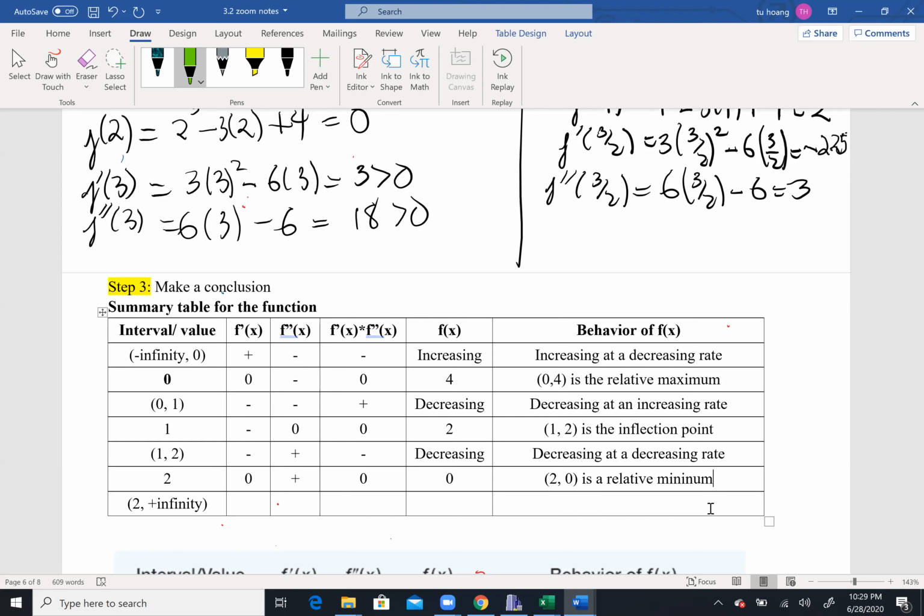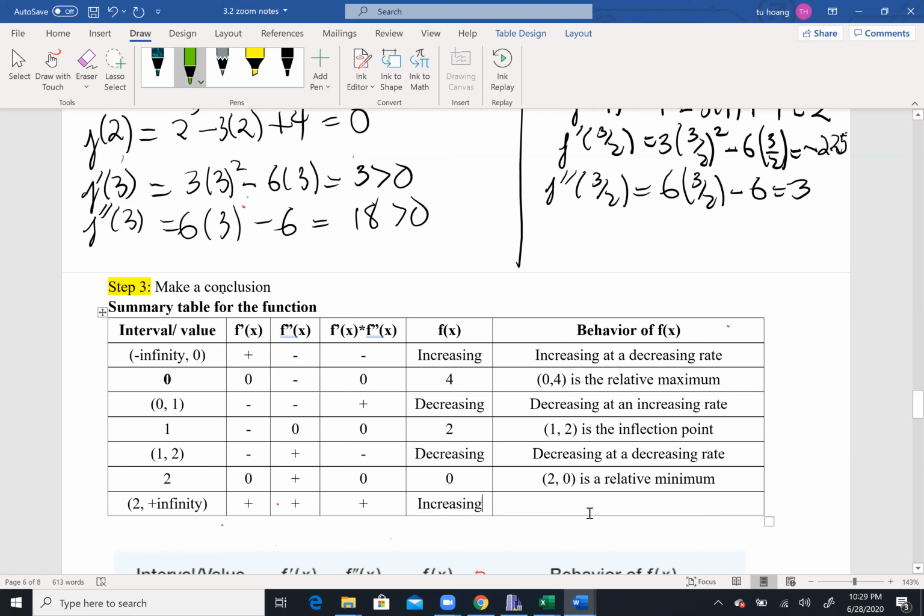And lastly, from 2 to positive infinity, you will have f(x) positive, and f second derivative of x is also positive, and the product is positive, and then it should be increasing.